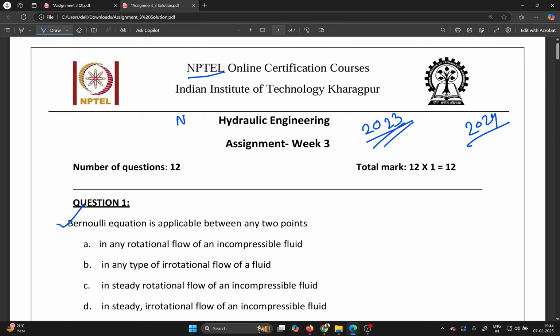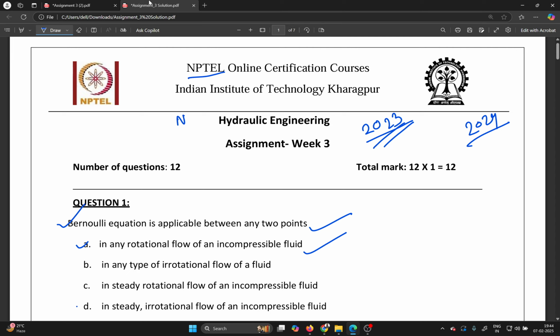The question is, the Bernoulli equation is applicable between any 2 points. Option A, in any rotational flow of an incompressible fluid. Option B, in any type of irrotational flow of a fluid. Option C, in steady rotational flow of an incompressible fluid. Option D, in steady irrotational flow of an incompressible fluid.